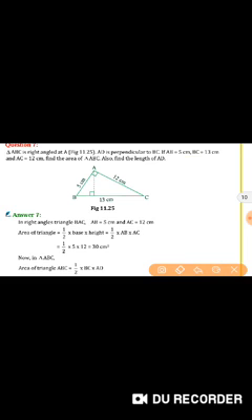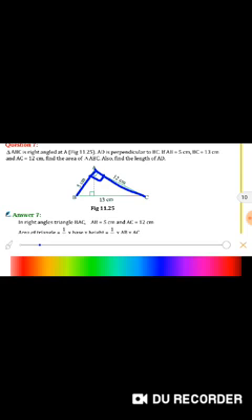See here, perpendicular is there, which means if AB is perpendicular to AC, you can take the base and height as AB and AC. If you take the perpendicular distance, this one I can take as D. So AD is perpendicular to BC.